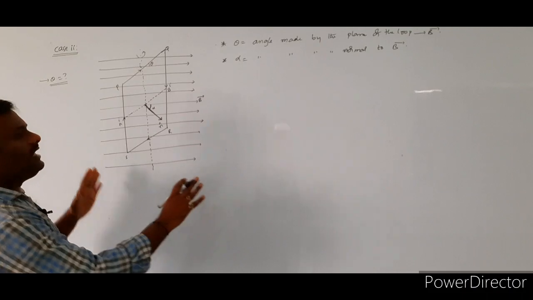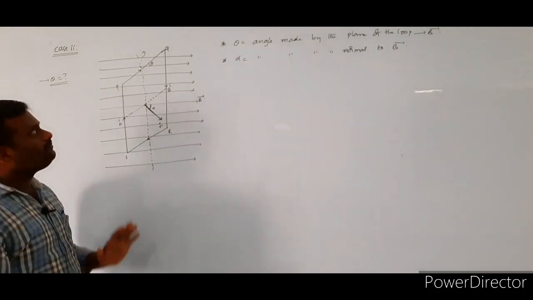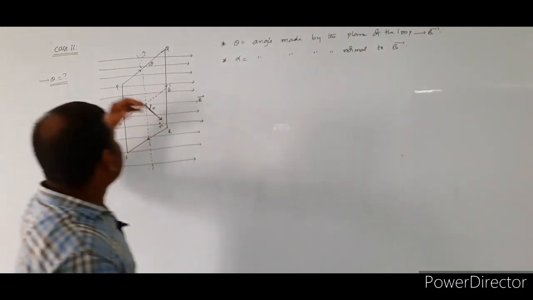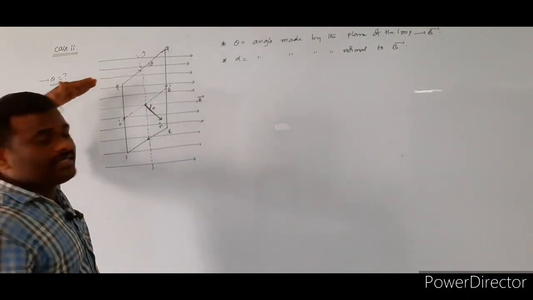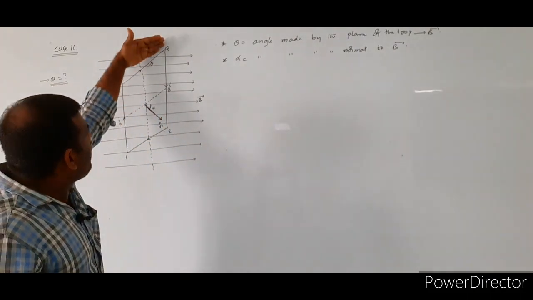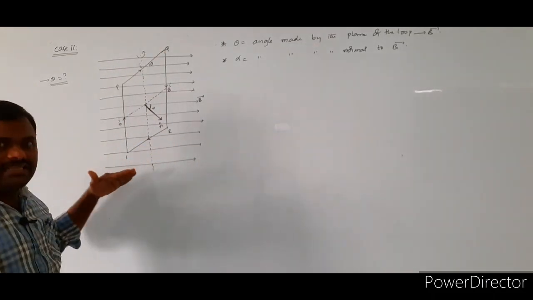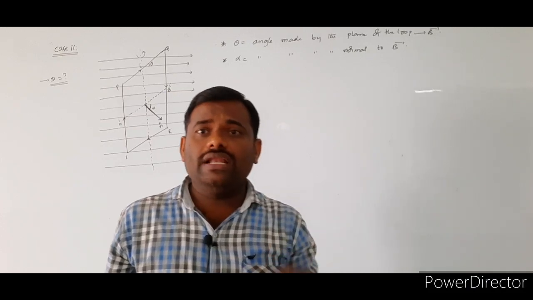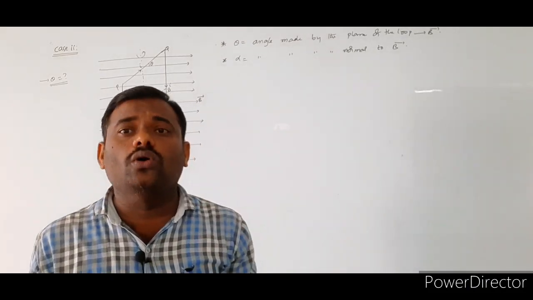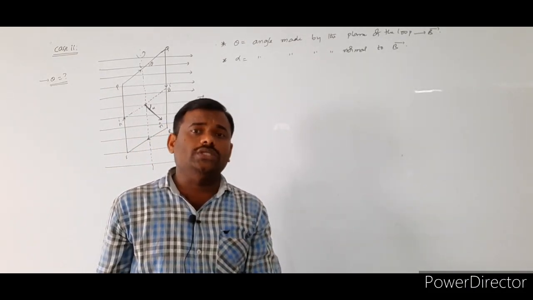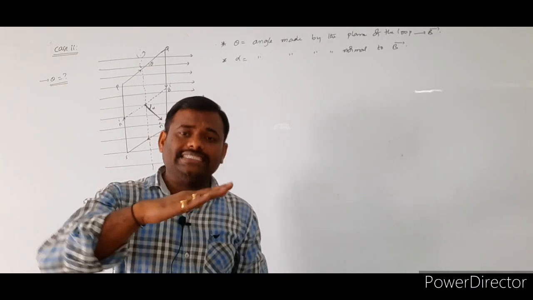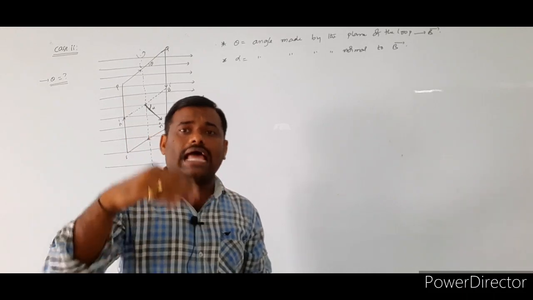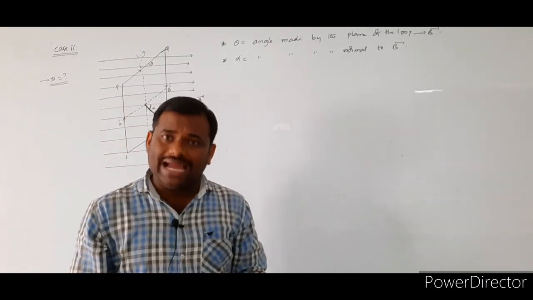The same explanation as we gave in case 1. In case 1, what did we say? The force experienced by the sides PQ and RS is equal to 0, because in that case PQ and RS are parallel or anti-parallel to the direction of the magnetic field.